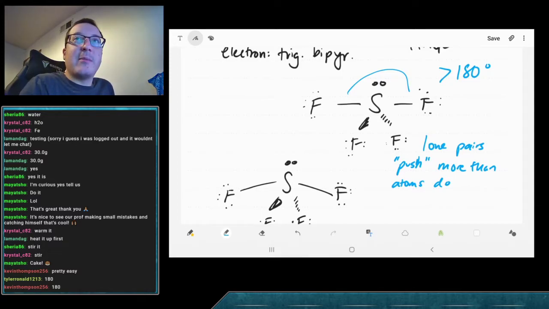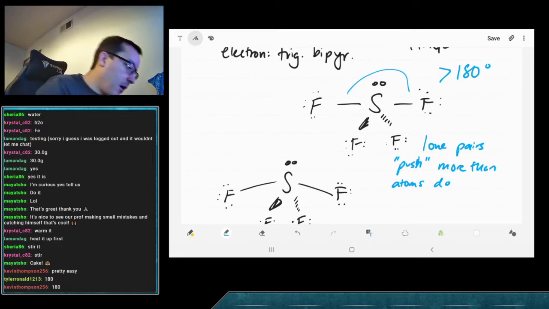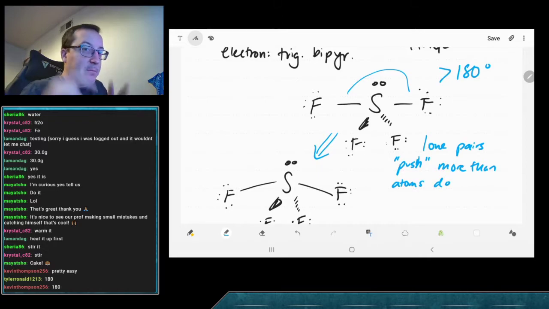In this case, it happens to be 186.9, but just bigger than 180 is what I was going for. So this would be a better way of drawing it. For these, it's just practice. You need a lot of practice on these just to get them going.